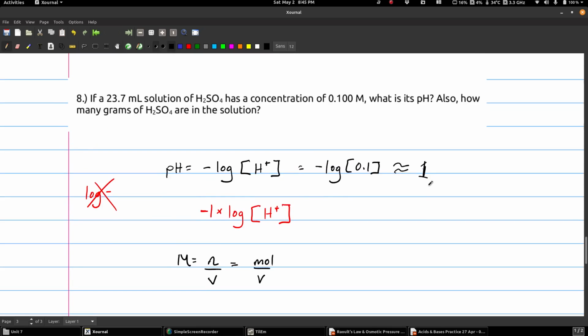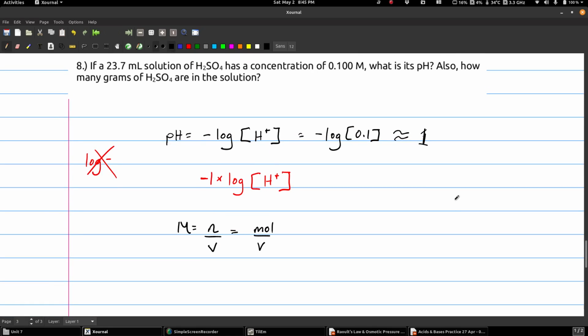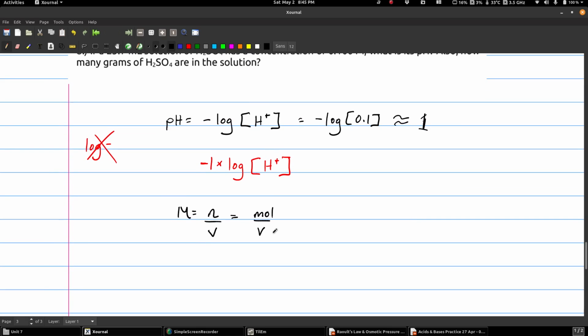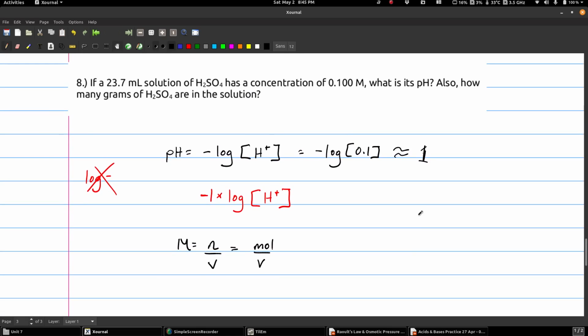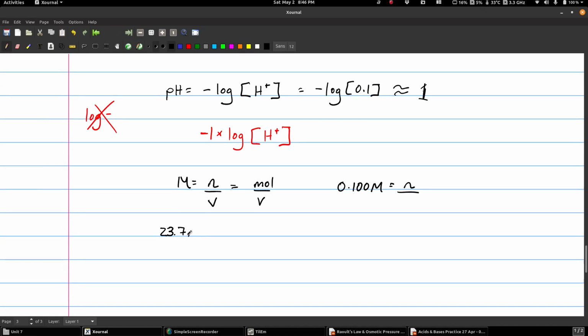I gave you both a mole and a volume. So you just have to plug everything in. Now that volume has to be in liters. So we're going to do this like this. 0.100 M equals n over, and let's find out how many liters that is. So 23.7. So you're essentially going to be dividing it by 1,000.